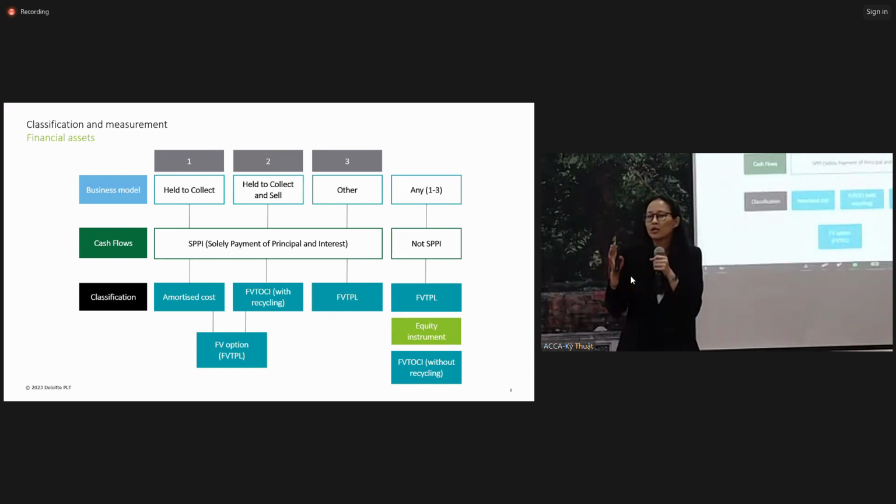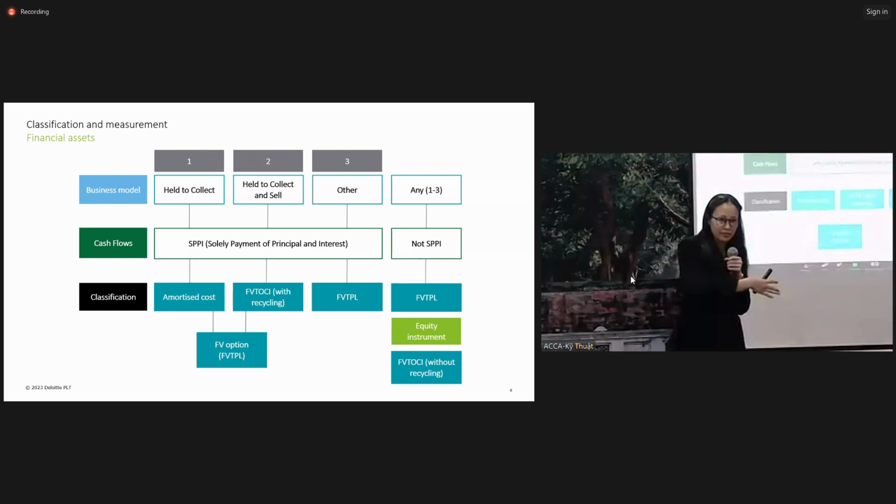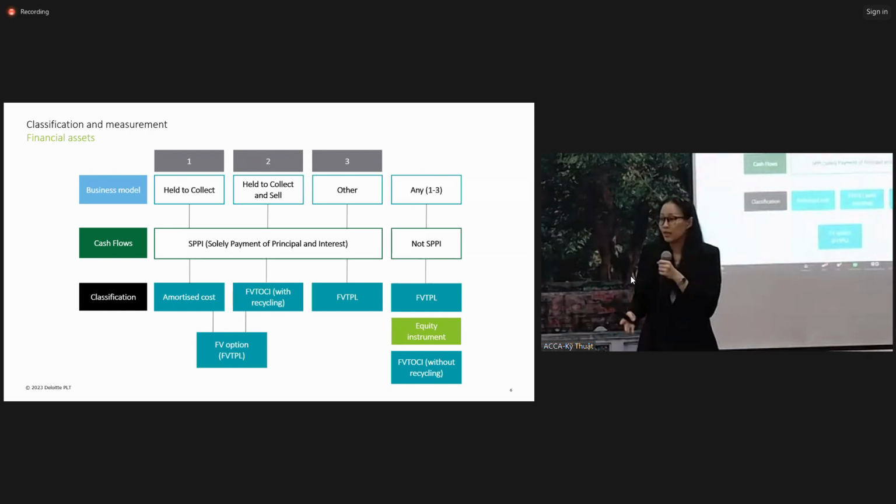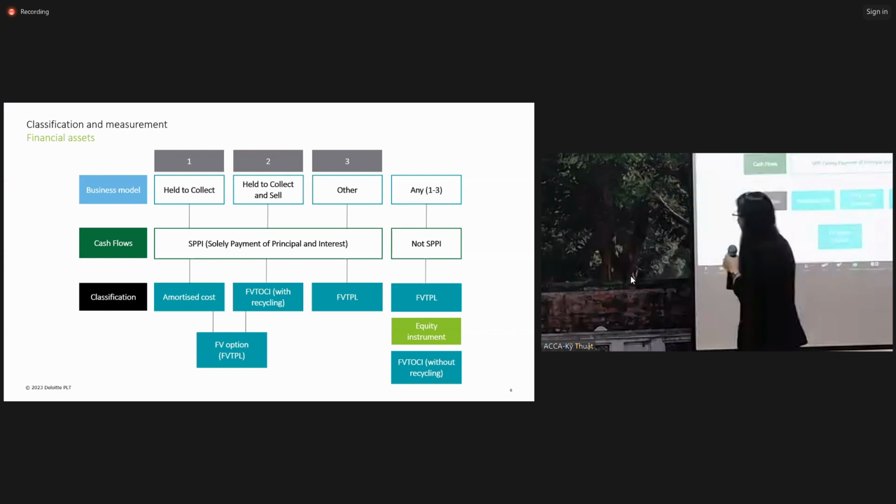For non-quoted equity instruments, they actually account for it at cost. Now, as we go into IFRS 9, everything must be fair value, right? So for your equity instrument, you have fair value to P&L or fair value to OCI. There is no cost option.